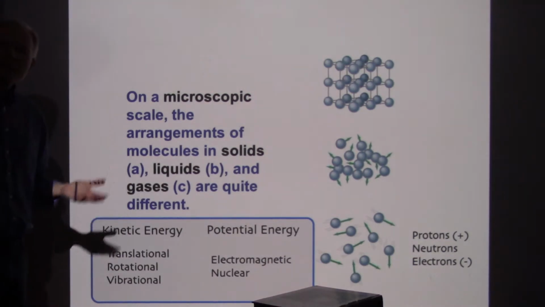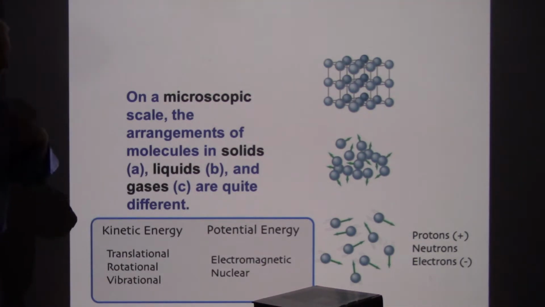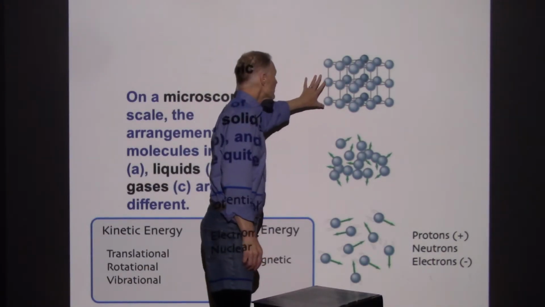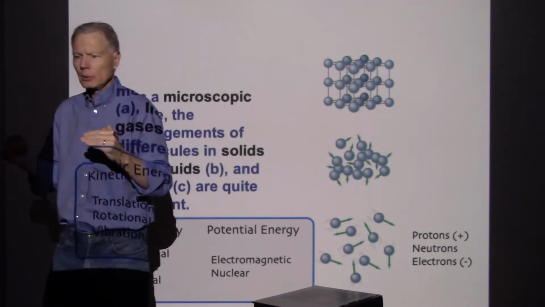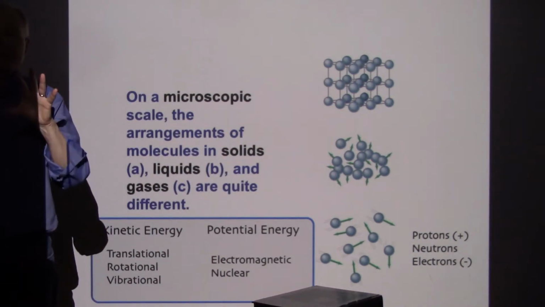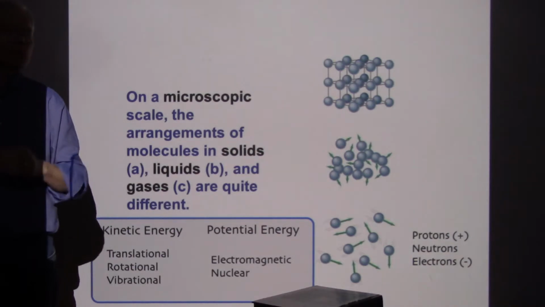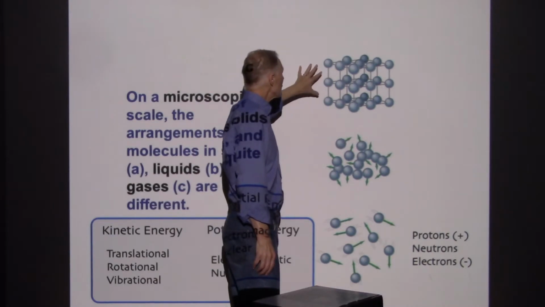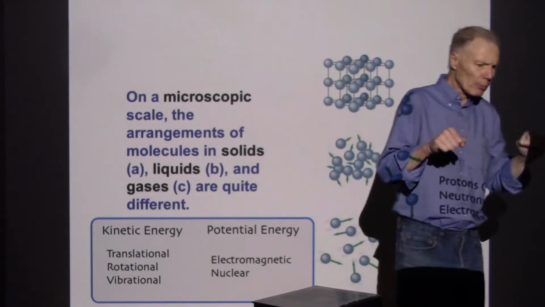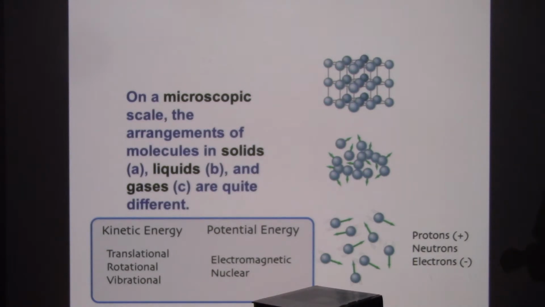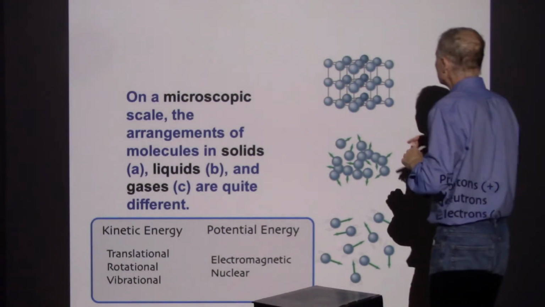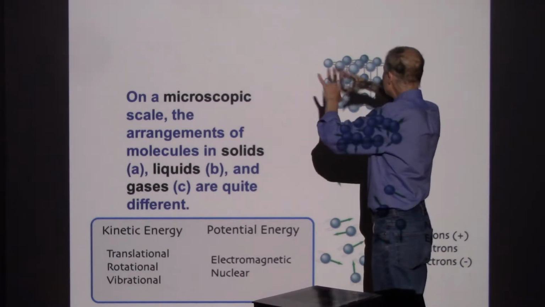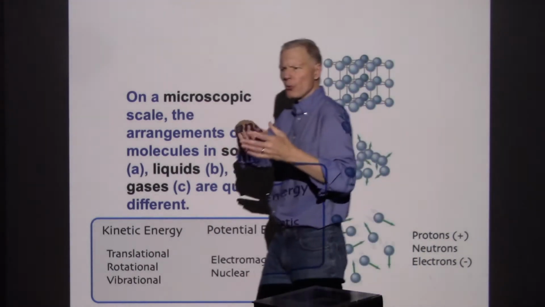Now, when we think about materials around us and the types of energy they could have, there are solids. The solids we've been saying are non-compressible. The nuclei of the atoms or molecules are locked into some kind of a pattern. So the chemical bonding that's taking place in a solid works in a fashion where the nuclei are locked into place, and then the remaining space is filled with all those electrons.